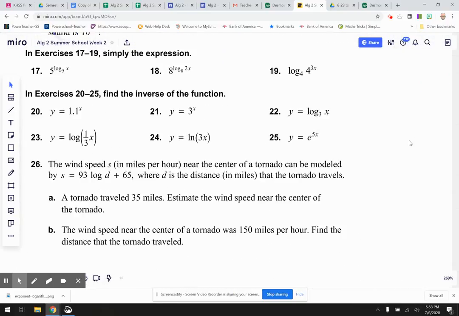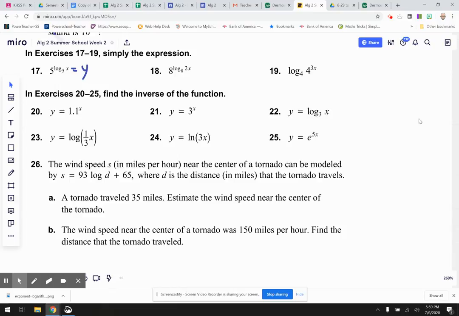Simplify the expression. So what we want to do here is set it equal to a y value, because we already have x in the problem. And then we want to try to set it up like we normally would. So the exponent is the answer.